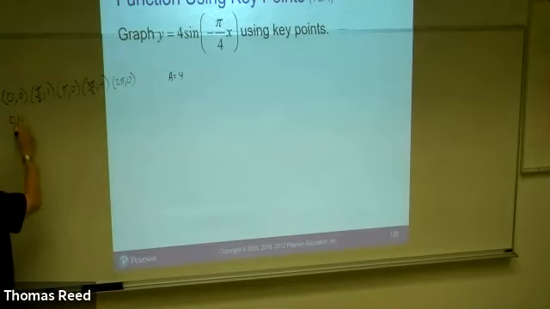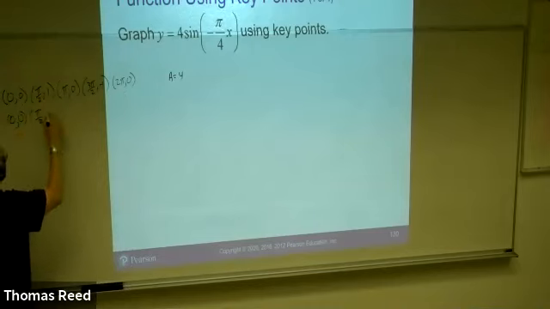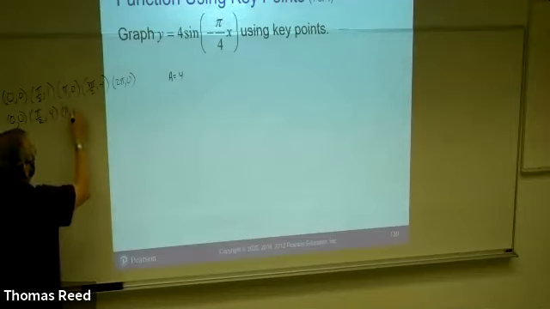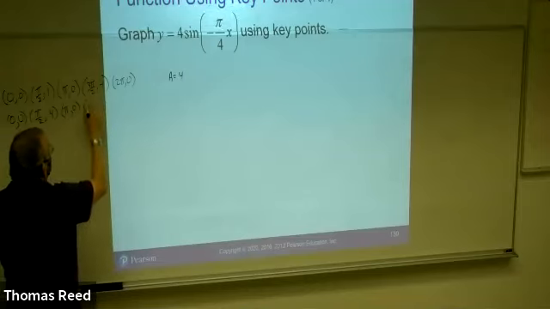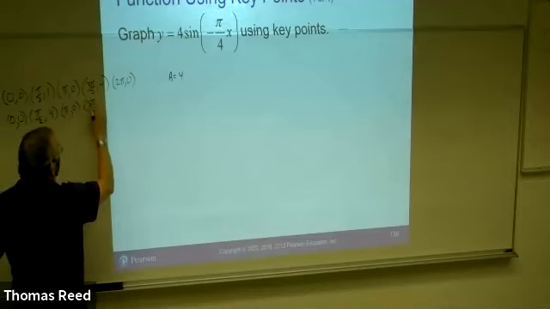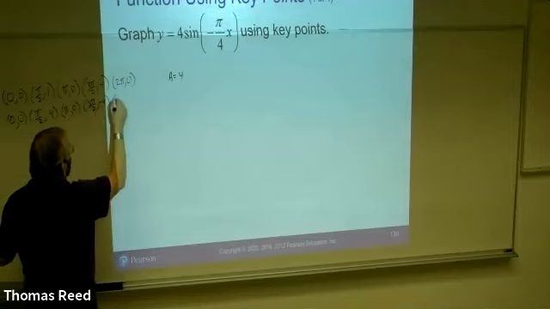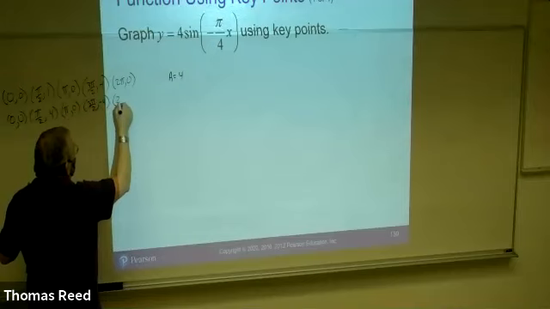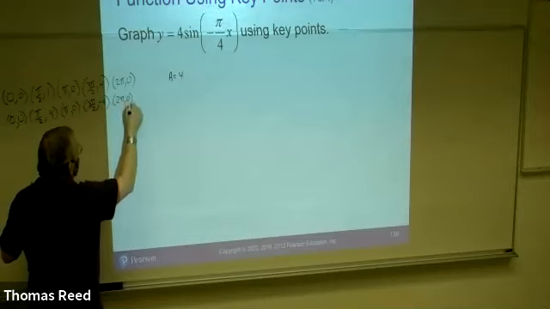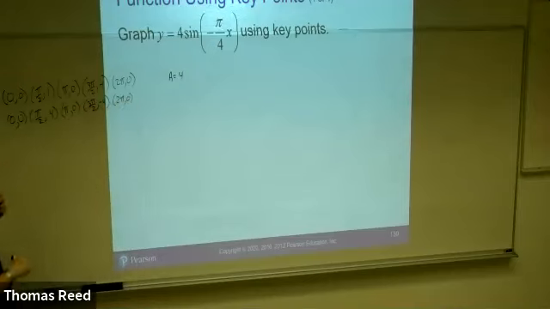So 0, 0 stays there, and pi over 2, 1 jumps to pi over 2, 4, and this stays at 0. Now this jumps up to 3 pi over 2, -4. And this one stays on the x-axis, because 0 times anything is still 0.